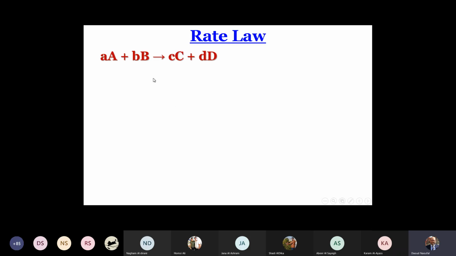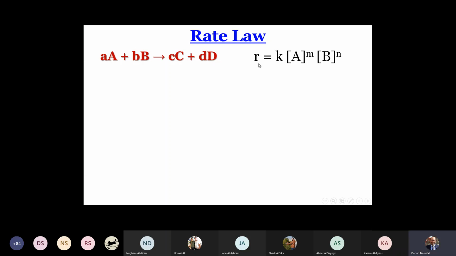Suppose you have a reaction A plus B that gives C plus D. The rate of the reaction can be expressed by R equals K times the concentration of A to the power m times the concentration of B to the power n. This is called the rate law expression, and this equation can be applied at any time t of the reaction.